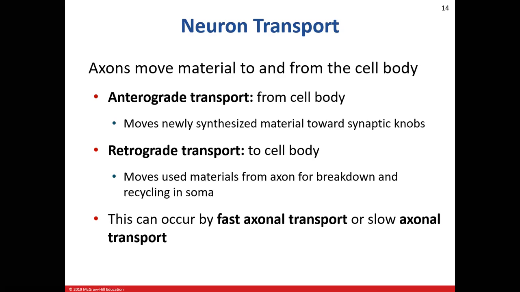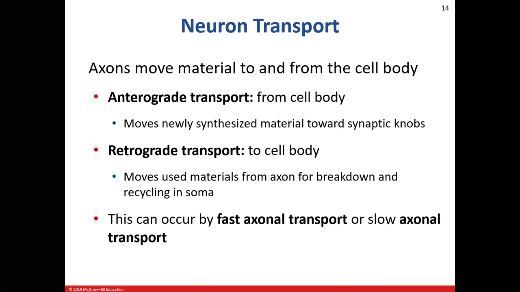So basically we're moving things from the cell body down the axon, and it moves newly synthesized material toward our synaptic knobs. If we look at retrograde transport, this is going toward the cell body. So we're looking at materials from the axon that were broken down or used in recycling, and this is moving from the axon toward the cell body.